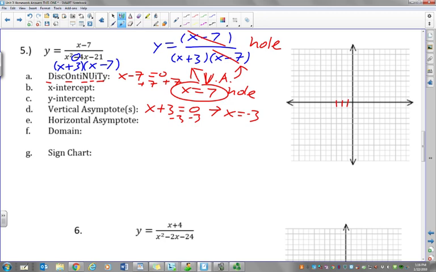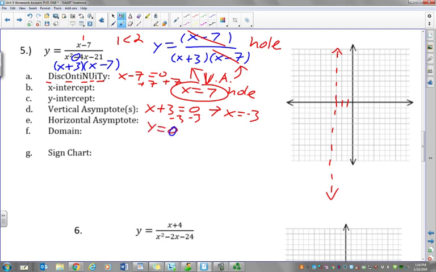1, 2, 3. Do a dashed line there. I won't judge you on your art if you don't judge me on mine. Horizontal asymptote: the degree of the top, 1, is less than 2, so we'll just do the horizontal asymptote of y equals 0.